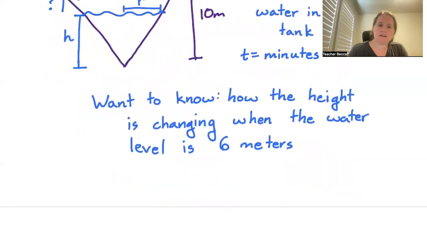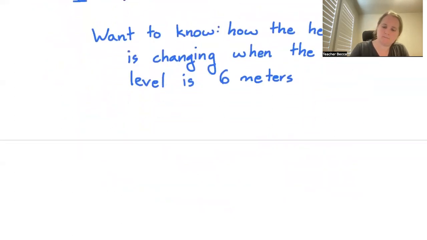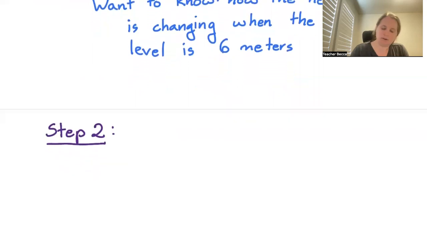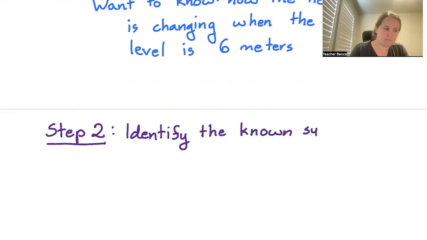So the next thing that we should do, or step 2, is we should identify the known symbols and what we want to know.